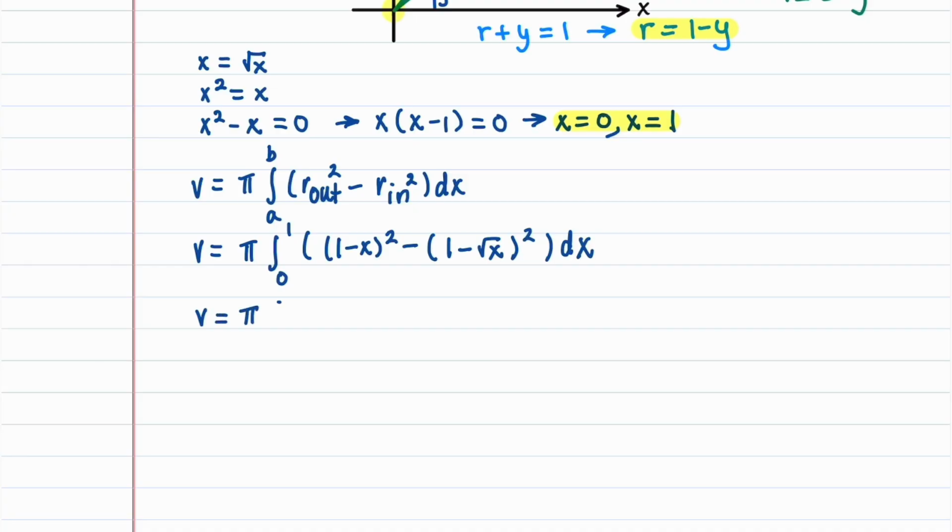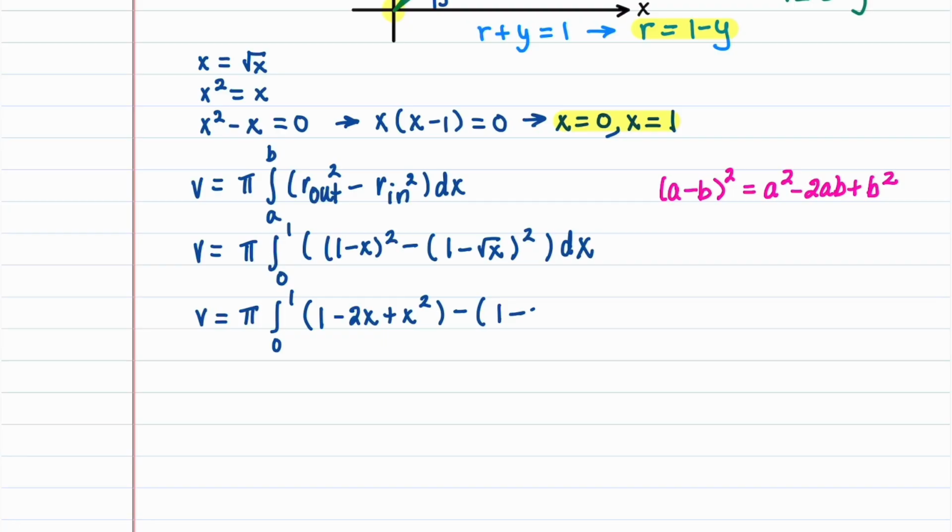Before we do the integration, we are going to simplify what we're integrating, and we're going to have to multiply out both terms. Just remember the formula, (a minus b) quantity squared is a squared minus 2ab plus b squared. This gives us 1 minus 2x plus x squared minus (1 minus 2 root x plus root x squared, which is just x).